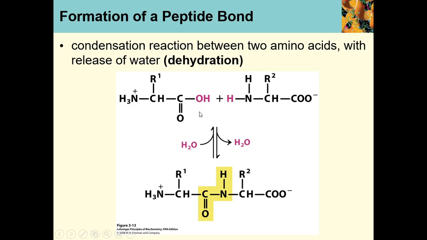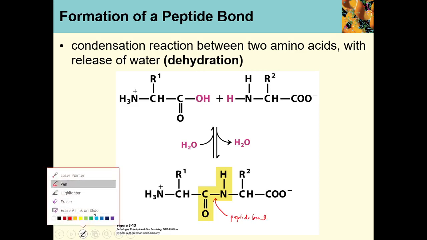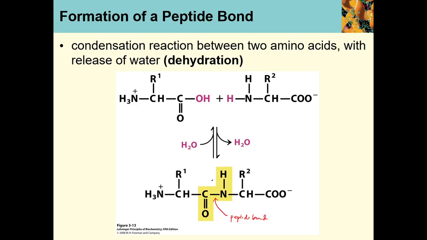So where is your peptide bond? The peptide bond here is the bond between your C and N. Peptide bonds are also called amide bonds. Why? Because in organic chemistry, you should remember that when you have a C double bond O attached to N, and N can be bonded to either carbon or hydrogens, this functional group is called an amide.